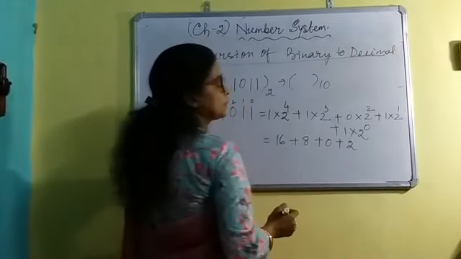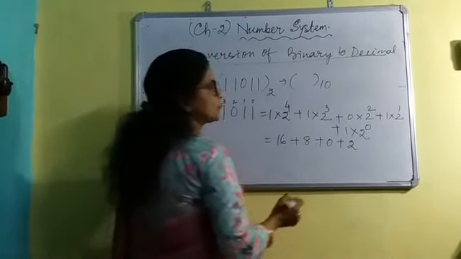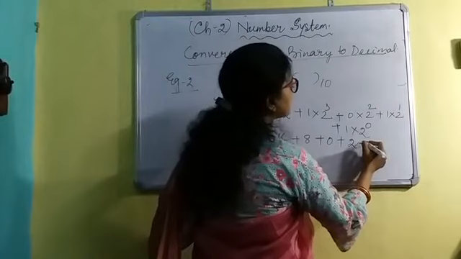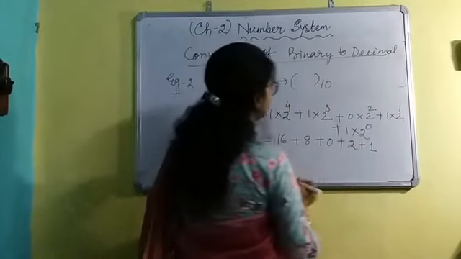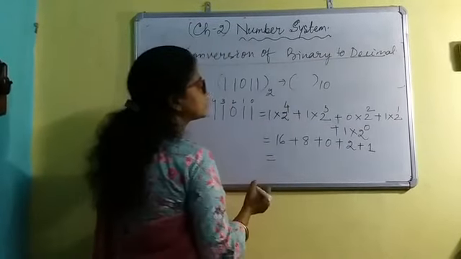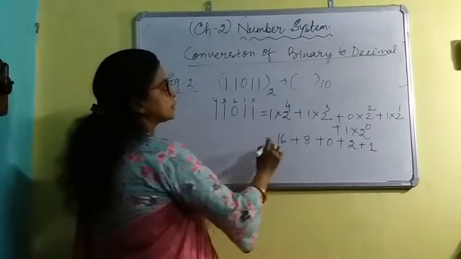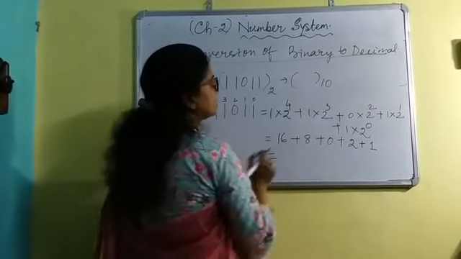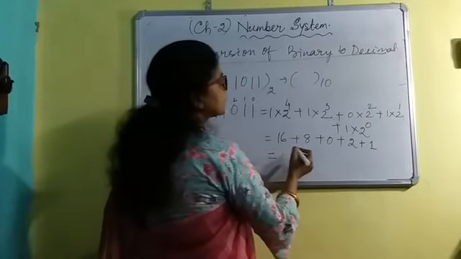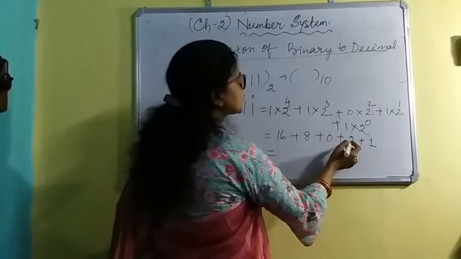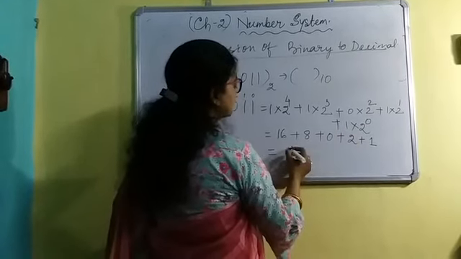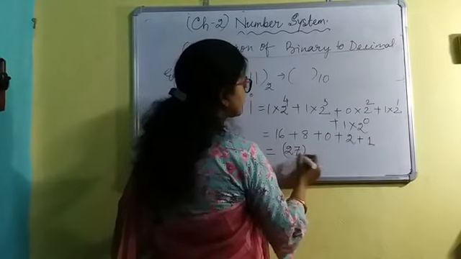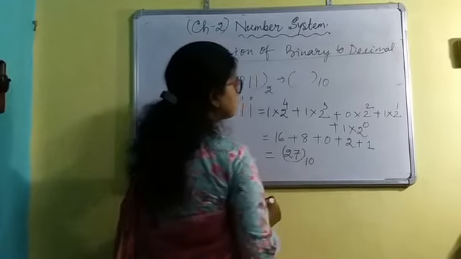Any number to the power 0 is 1. Now you add the values and write down. So this will be 24 plus 2, 26 plus 1, 27. So 27 is the required decimal number.